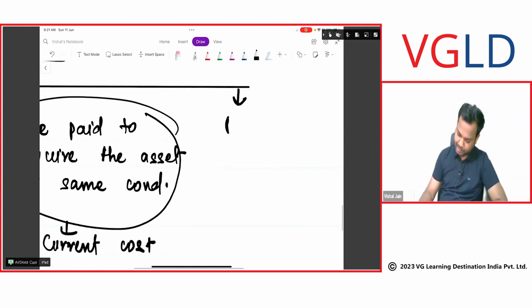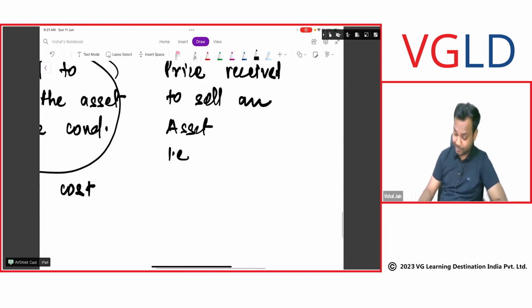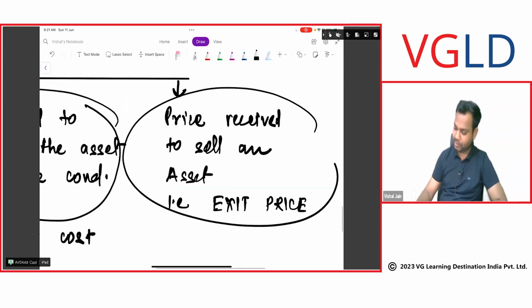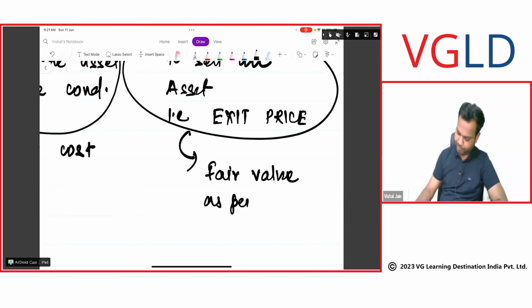Now, the price received to sell an asset, that is the exit price, this is called fair value as per IFRS 13.